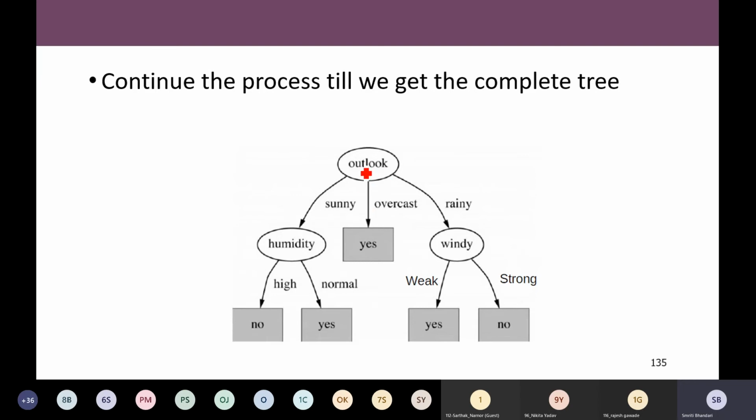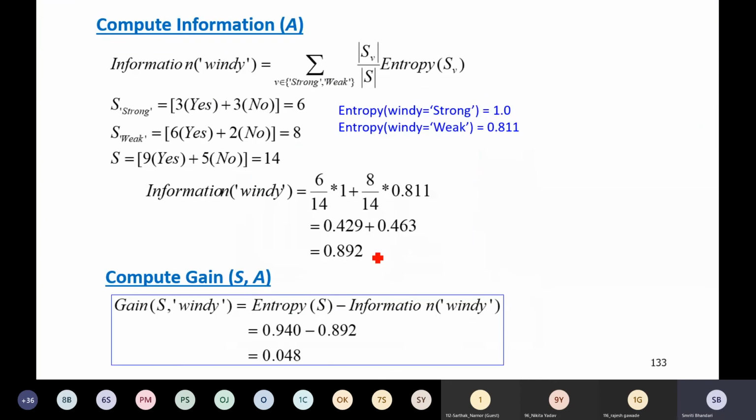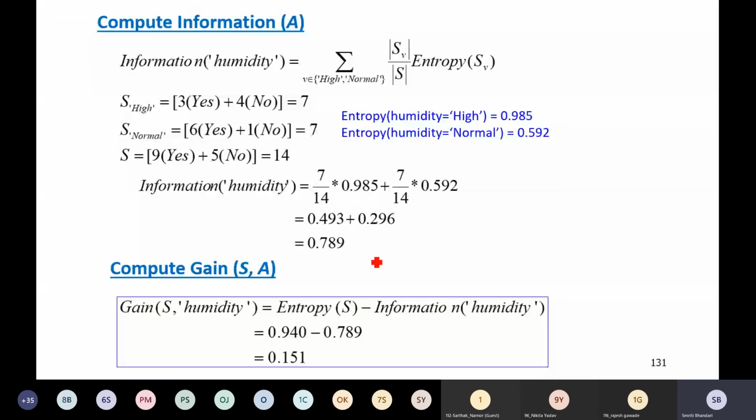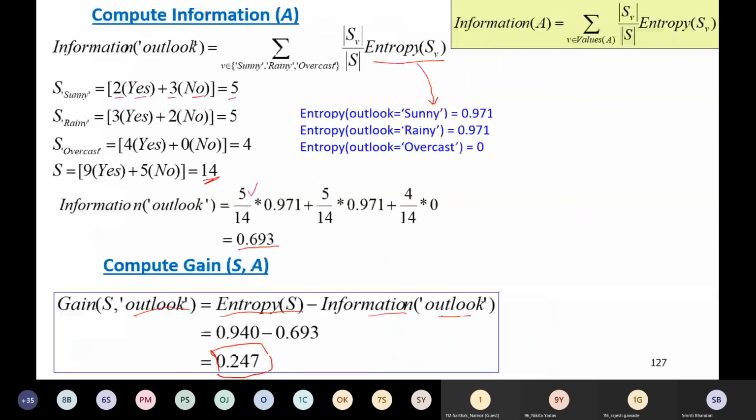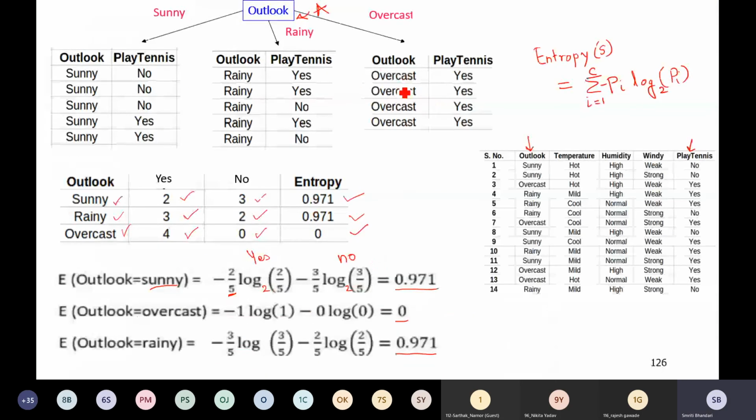Now, see here, Outlook is our root node that we have identified, and we are having three values: sunny, overcast and rainy. And what we find is, for Outlook value overcast, if you remember our earlier data, all the samples belong to yes class, right?